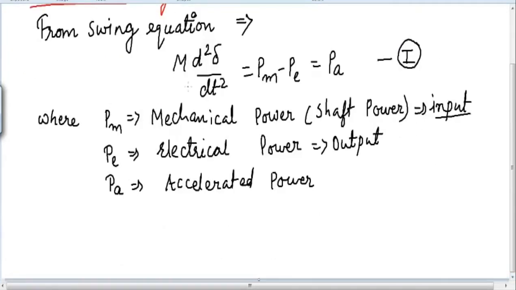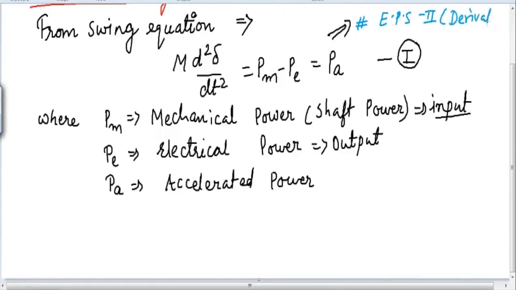So where has this equation come from? This equation has come from the derivation of the swing equation in electrical power system 2. So I'm not going to derive the equation again. It's already derived in electrical power system 2. You can take help from there. So I will just write the reference here. The reference is EPS2 derivation.